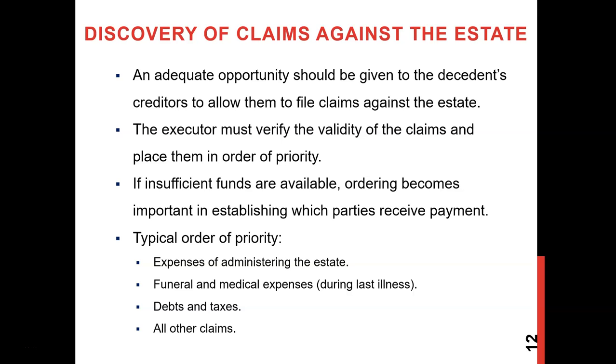And after paying all these obligations, if there is any valid claim, that claim will be paid. And at the same time, there might be some unsecured obligation such as credit card debt. Those will also be paid before starting the property distribution process.